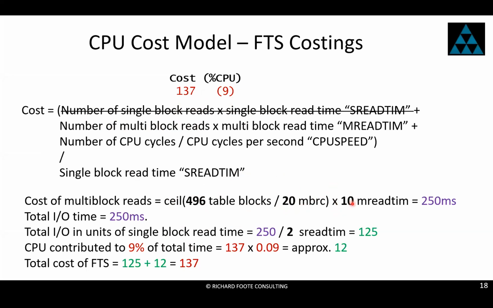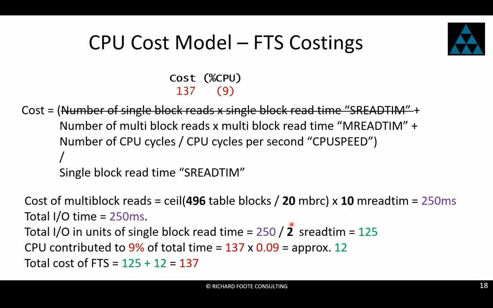And then I multiply that by the time it takes to do a multi-block read, which is 10 milliseconds. So 20 multi-block reads into my 496 blocks gives me X number of multi-block reads, multiplied by 10, gets rounded to approximately 250 milliseconds. That's how long it takes to do all the multi-block reads to read my table, 250 milliseconds.